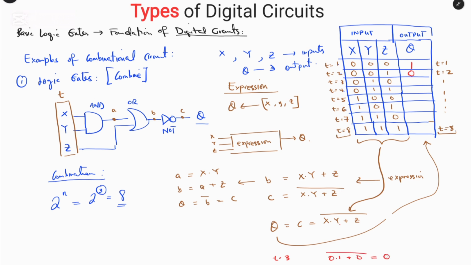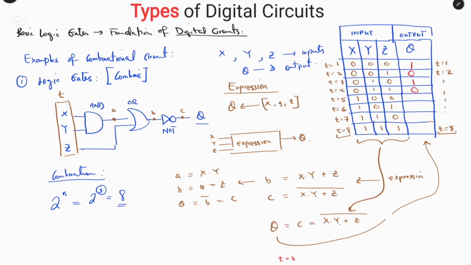So we should have 0, and inverted we should have the output, which is 1. And for t equals 4, we should have 0.1 plus 1 inverted. So this portion will become 0 plus 1. It will be 1 inverted. We should have 0. So this will become 0.